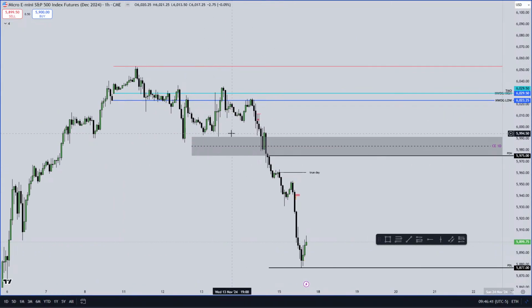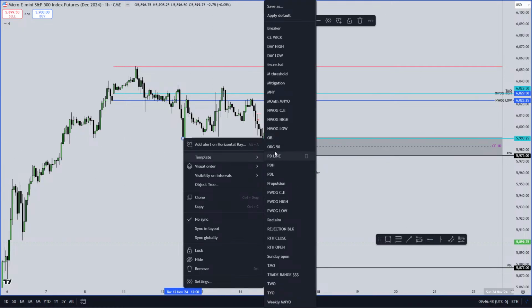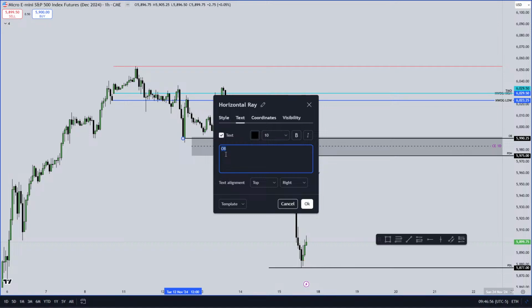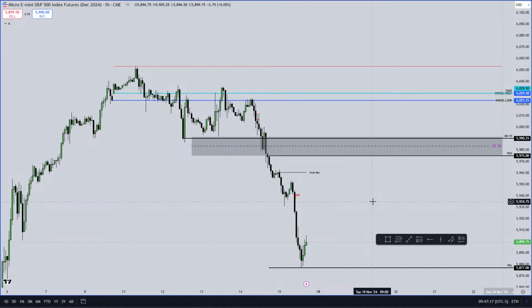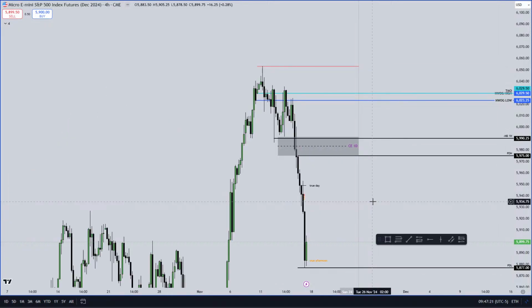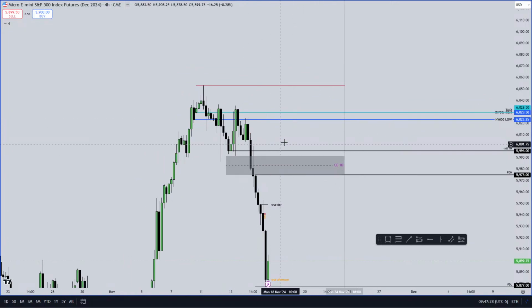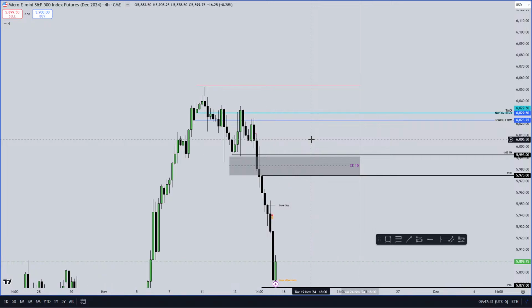If at all the price does come here, it is supposed to reject. I'll just try MB. I'll move it here.